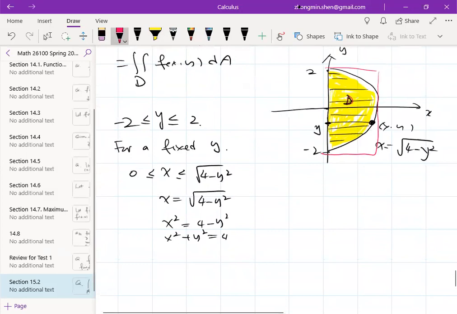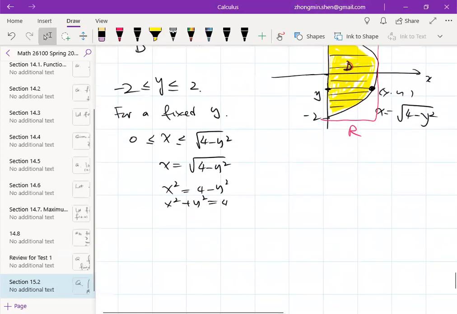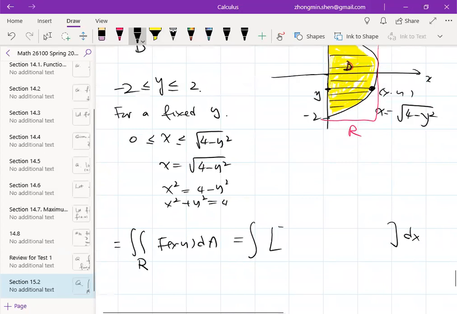That's R. This integral is going to be the double integral over R of the capital F of X. And this time I'm going to exchange the order, so the dx goes first, then the dy outside, because I'm going to interchange the order.